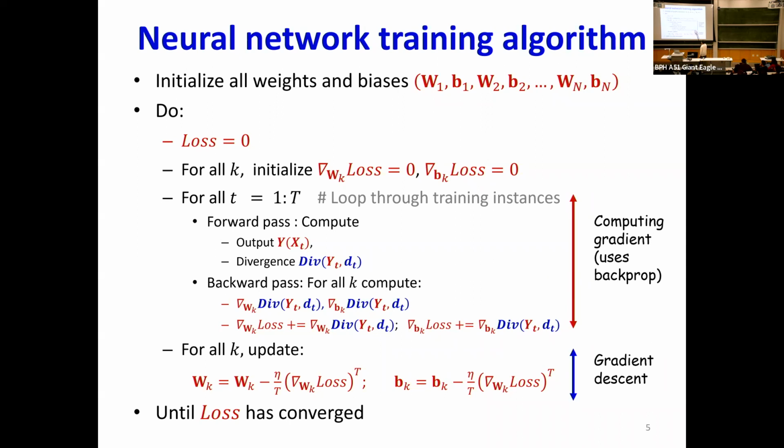And once you have that, you can perform the backward pass where you keep stepping back through the network and compute the gradient of the divergence with respect to the parameters of each layer. And having done that, eventually you're going to compute the average gradient over the entire training set. And the gradient update takes a step against this average gradient. So this was the entire training process. And so the two steps were gradient descent on top, and the computation of gradient, which was performed using backprop, and gradient descent used the outcome of backprop.